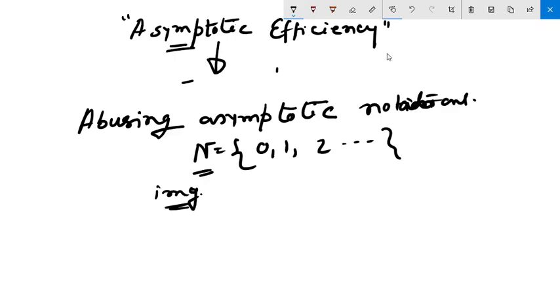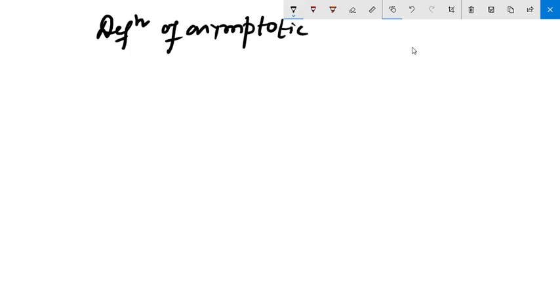Now, as I said, there are 3 ways we can represent these notations. Next, let us go to the definition of asymptotic notations.